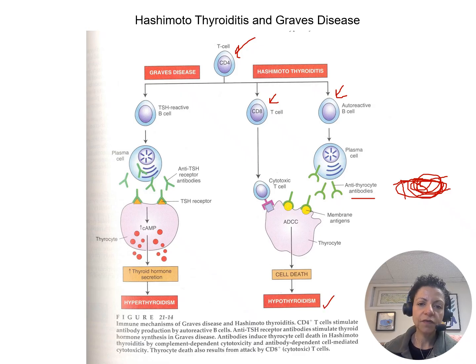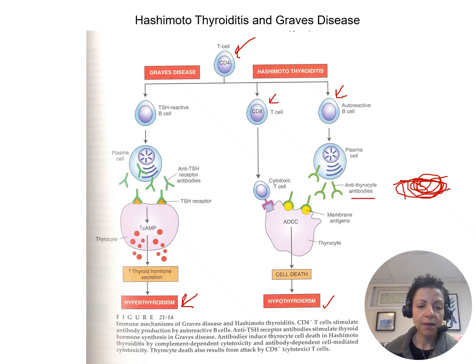Okay, so this is sort of a classic autoimmune condition. Now, there's another autoimmune disorder called Graves' disease that we're going to talk about in a moment, but this one is a little bit less classic, and it results in actually hyperthyroidism.